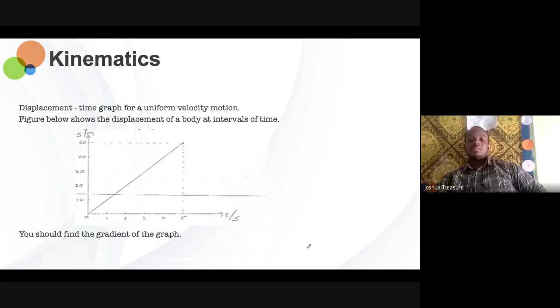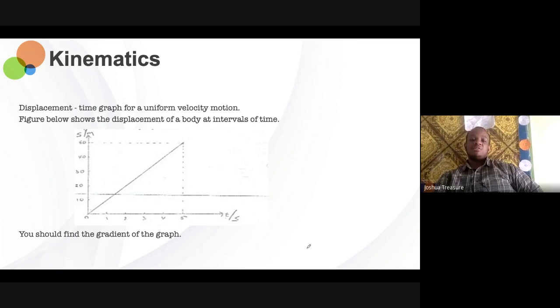So, the displacement time graph for a uniform velocity motion. The figure below shows the displacement of a body at intervals of time. You should find the gradient of the graph.